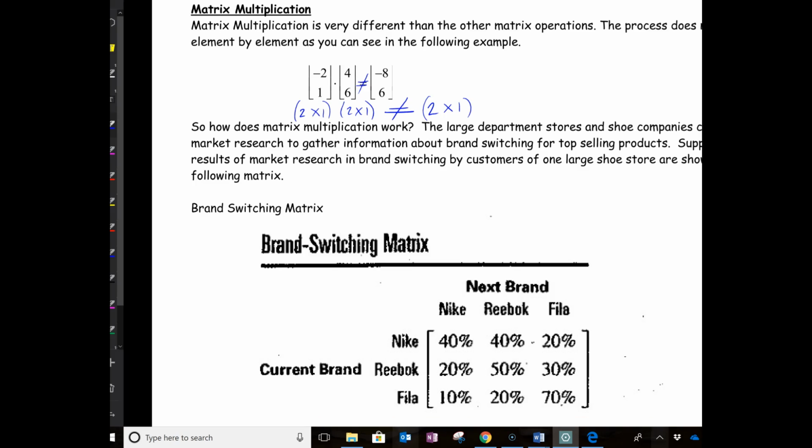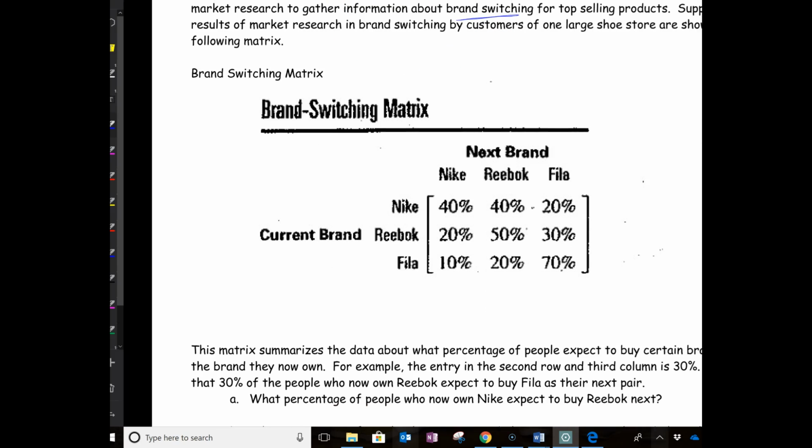It says the large department stores and shoe companies carry out market research to gather information about brand switching for top-selling products. Suppose that the results of market research in brand switching by customers of one large shoe store are shown in the following matrix. So here's what's happening here. We have a current brand, and these are people who currently have Nike, Reebok, or Fila.